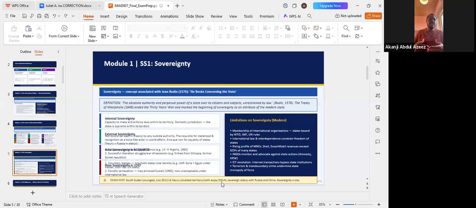For example, Israel has been sanctioned for what is happening in Palestine, but the United States of America has been vetoing the sanction, which means that Israel can go scot-free. Do you understand now? So these five countries are the powerful countries in the United Nations. They have the veto power.